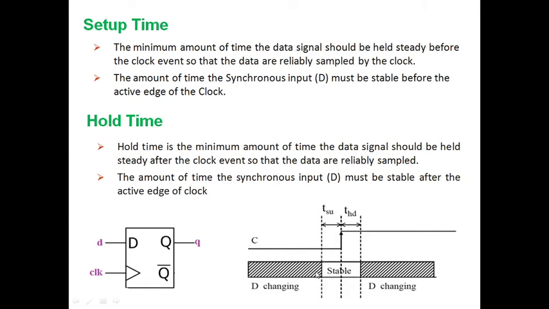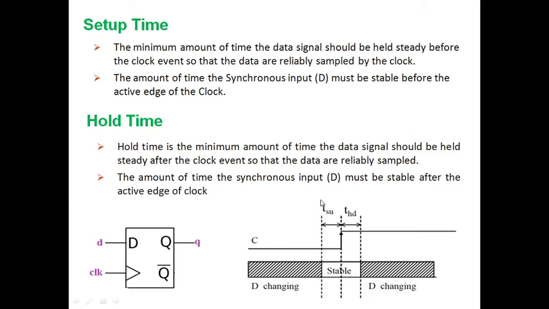That means this is not stable data, it is fluctuating data. It may be a 0 or a 1, but in these shaded regions I cannot know whether it is a fixed logic 0 or logic 1.